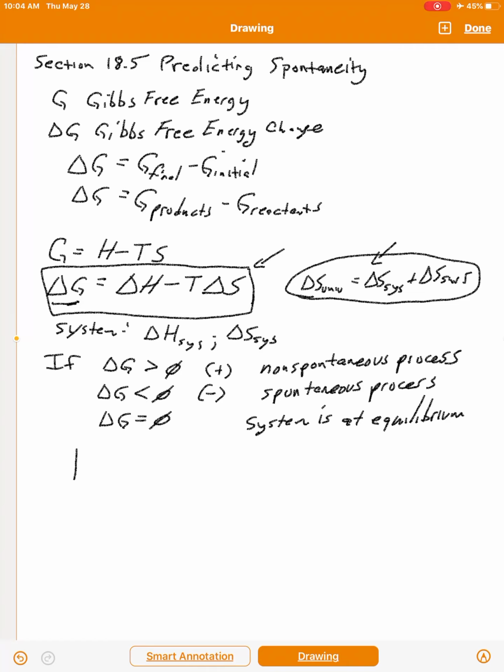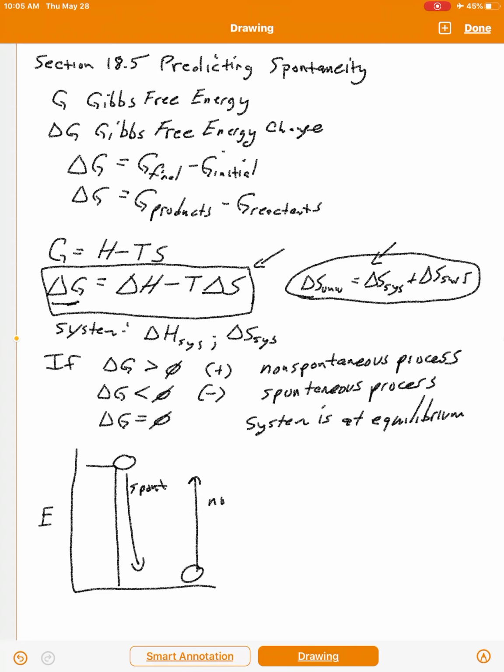Essentially, if you want an analogy, imagine something falling. If this ball falls, that's spontaneous. Something falling is spontaneous. Something jumping up, that's non-spontaneous.